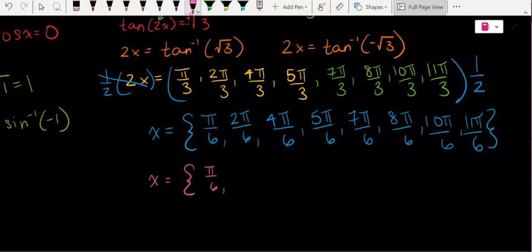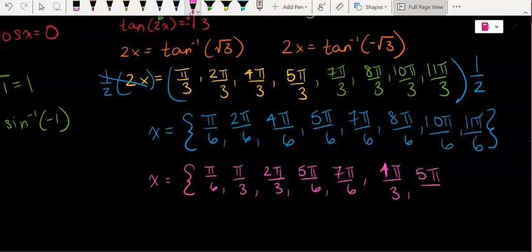So this is going to be pi over 6, pi over 3, 2 pi over 3, 5 pi over 6, 7 pi over 6, 4 pi over 3, 5 pi over 3, and 11 pi over 6. And those are all of my possible solutions that I have. Everything reduced, fully simplified, and that's what I've got.